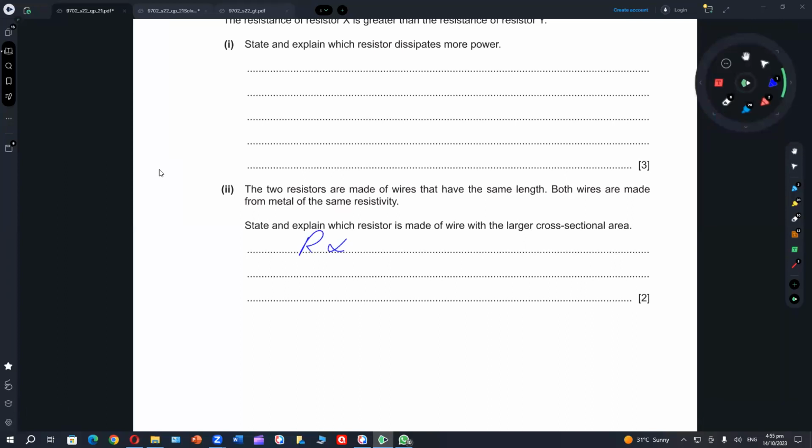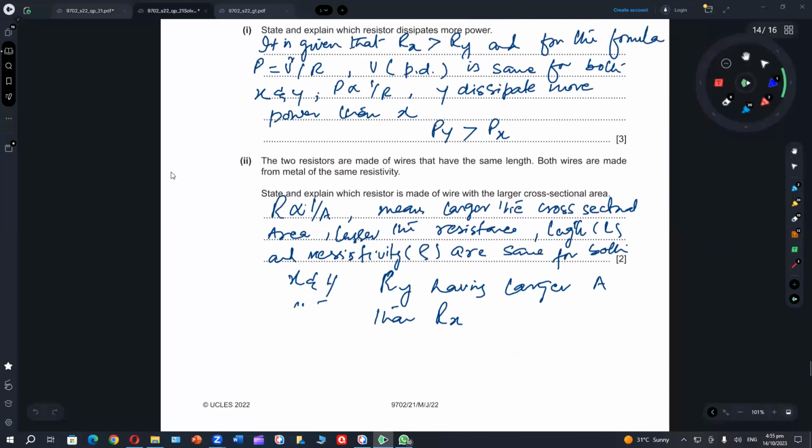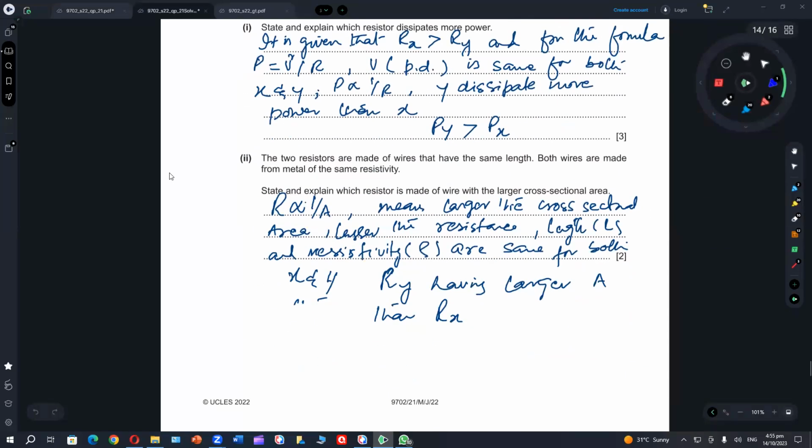R is inversely proportional to cross-sectional area. So where you want to increase the resistance, you have to use thin wire.